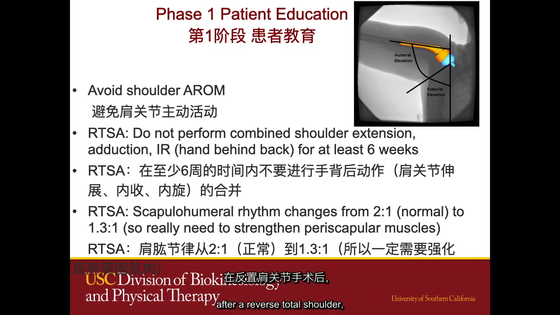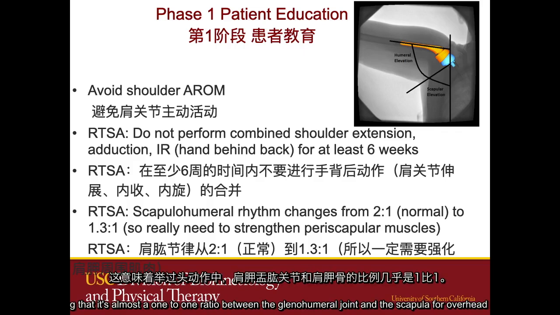However, after a reverse total shoulder, that ratio changes from 2 to 1 to 1.3 to 1, meaning that it's almost a 1-to-1 ratio between the glenohumeral joint and the scapula for overhead motion.